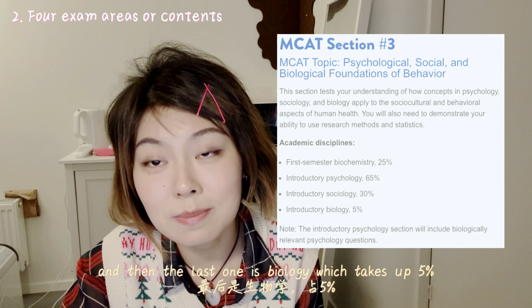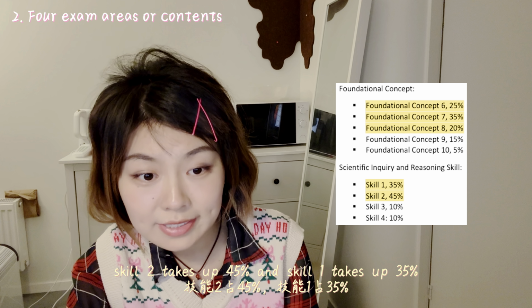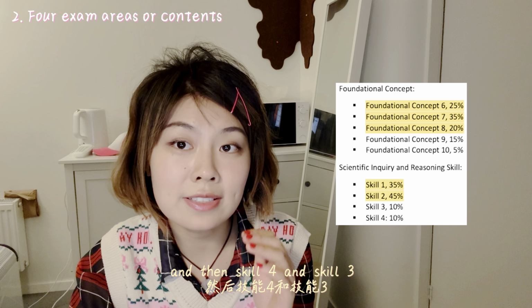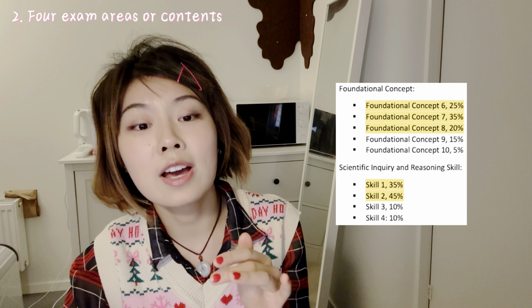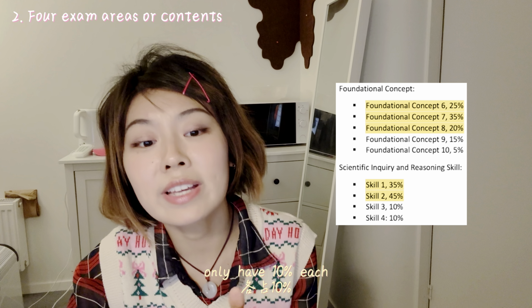The distribution of skills is similar: skill 2 takes up 45%, skill 1 takes up 35%, and skill 4 and skill 3 only take up 10% each. The concepts are a lot more because it focuses on different types of concepts, including concepts 6 to 10.